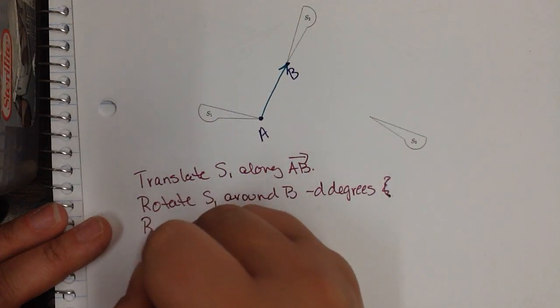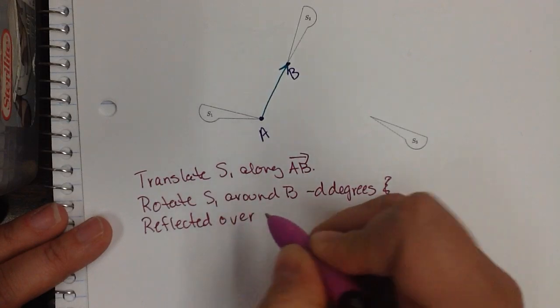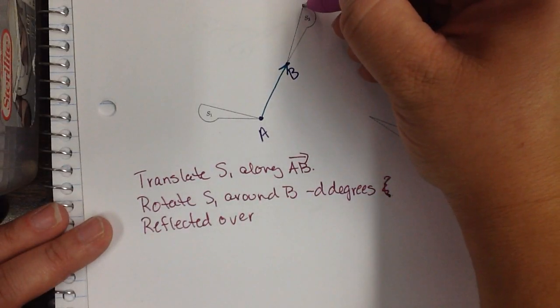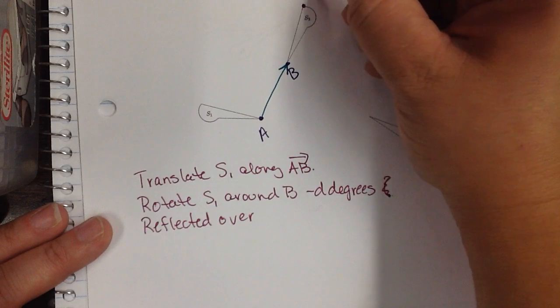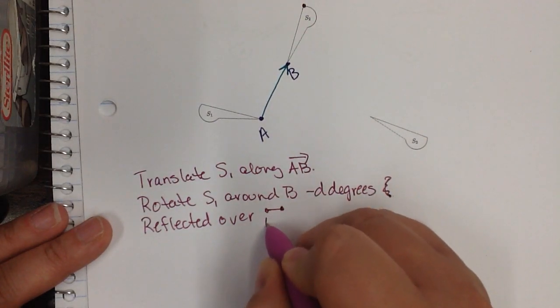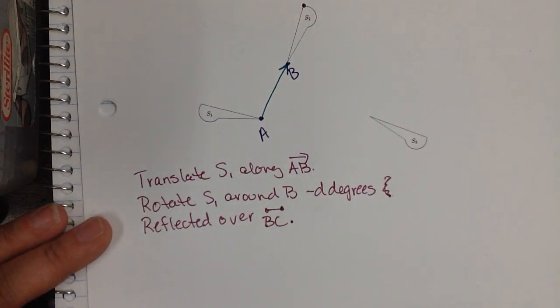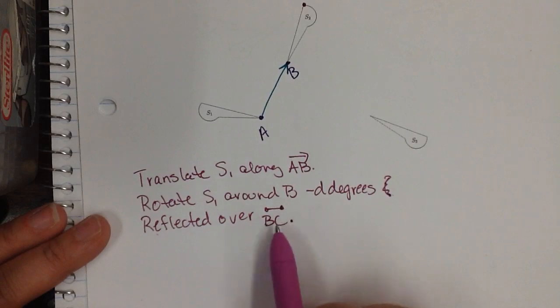And then we reflected it over, and I guess I could put a point and call that C, over side BC. Okay, you can't reflect over a point, but you can reflect over a line.